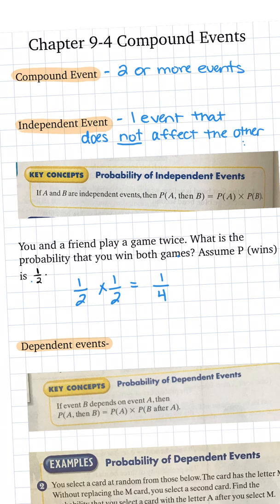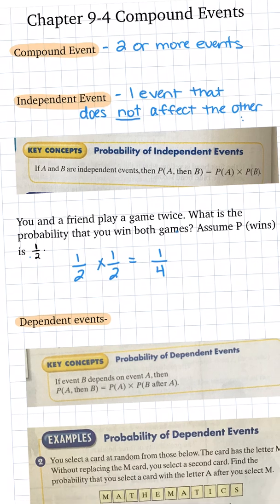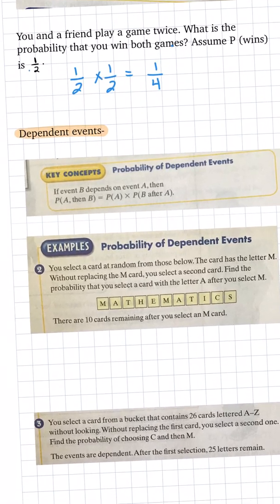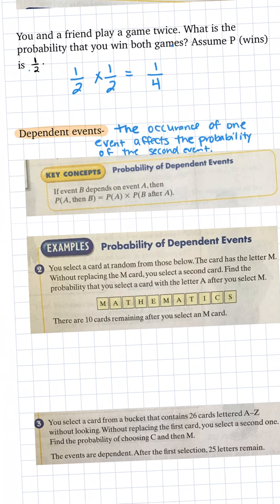But then let's look at a dependent event. In a dependent event, the occurrence of one event affects the probability of the second.